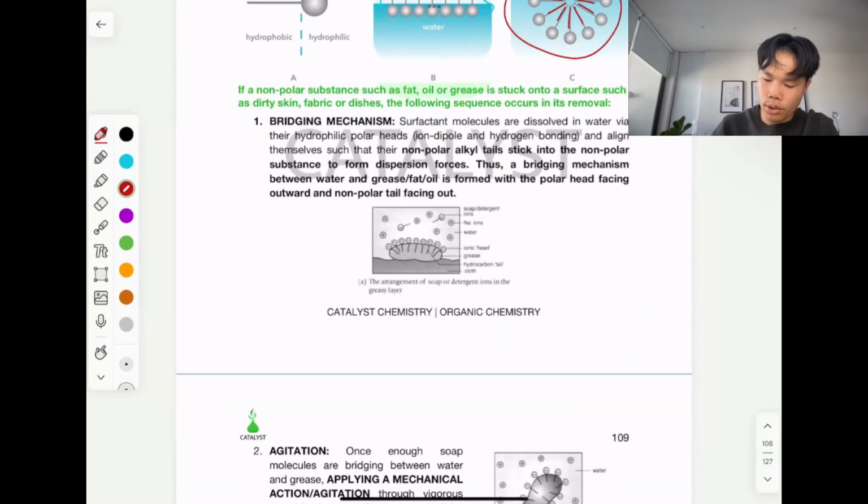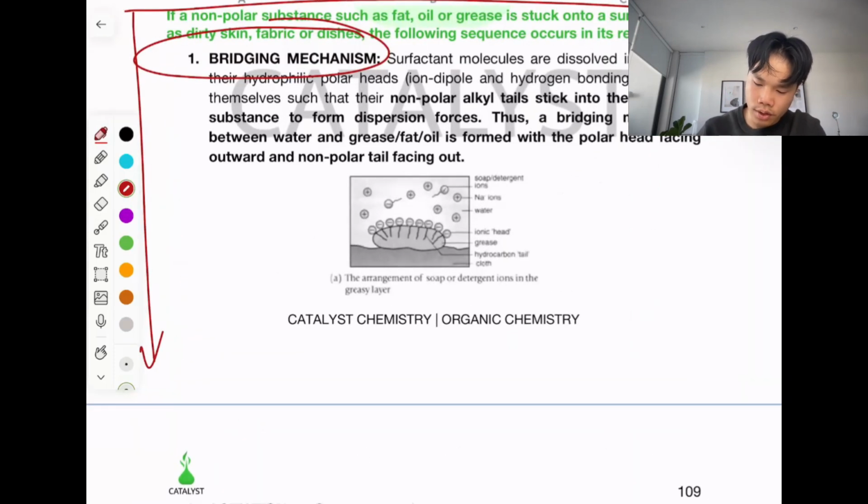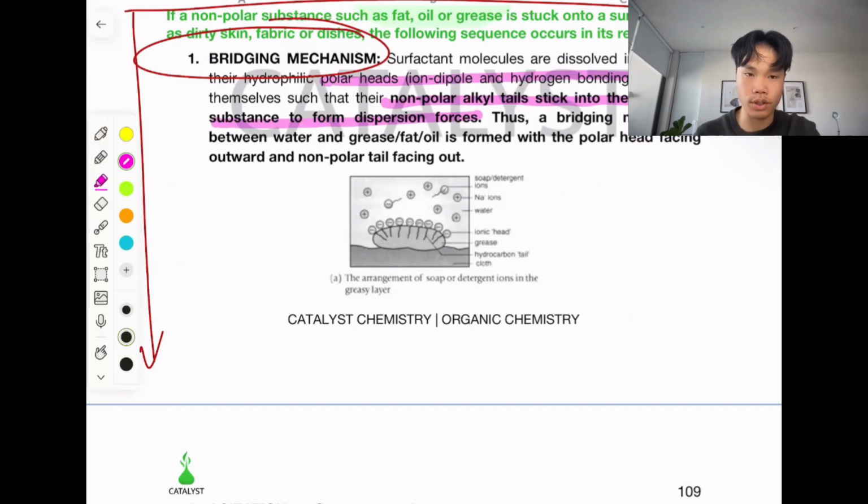Where you write most of your responses is then below here. They ask you to explain the action of soap on grease, on oil, on fat, these non-polar substances. There are 4 stages. First, the formation of a bridge, where you have the non-polar alkyl tails sticking into the non-polar substance forming dispersion forces, and you have the polar heads forming ion-dipole and hydrogen bonding, dissolving in water.